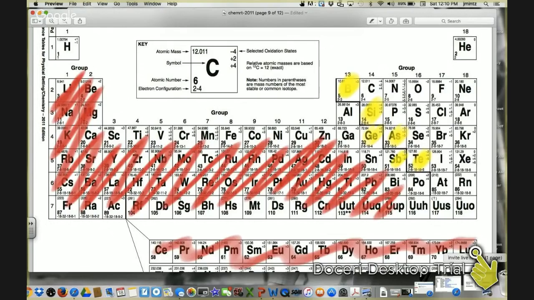And then I'll color your nonmetals in gray. Your nonmetals include hydrogen and all of these over here. The Regents likes to ask you questions about identifying which of the four has a metal, a nonmetal, and a metalloid. So knowing the metalloids is something you should definitely know.